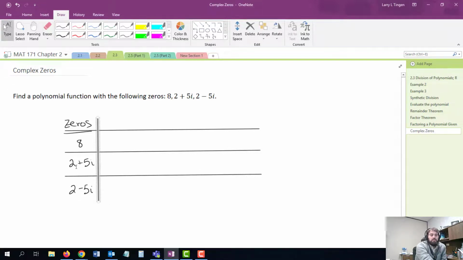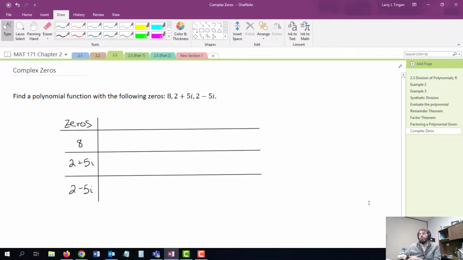So in this case, 2 plus 5i is a zero, and 2 minus 5i also must be a zero. That doesn't work for real numbers, but it does work for complex numbers and irrational numbers.